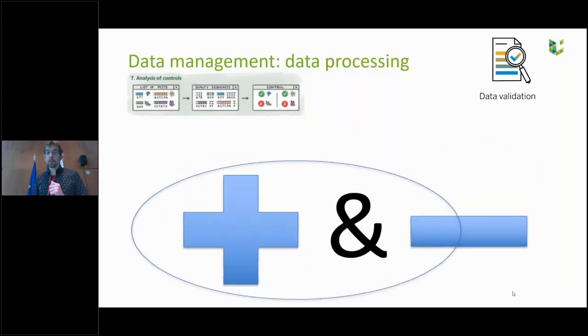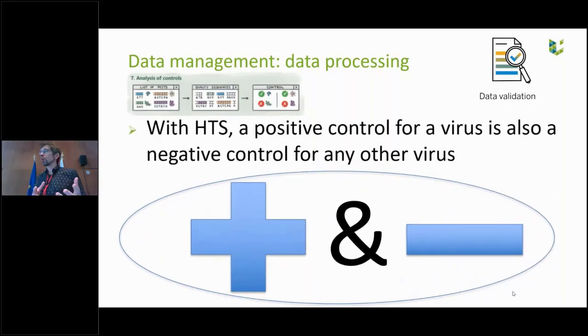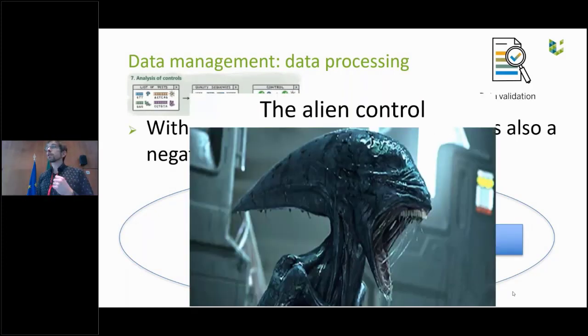With high-throughput sequencing, a positive control for a target, and I say viruses here because I mainly work on viruses, is in fact a negative control for any other virus, speaking about external control. And this introduces the second key element. I don't put this image here to frighten you, but to make an impact. Keep in mind that running high-throughput sequencing needs an additional, new external control, which is the alien control.